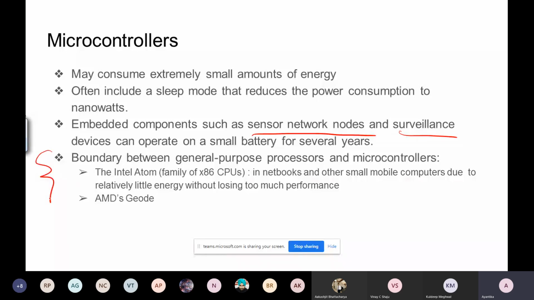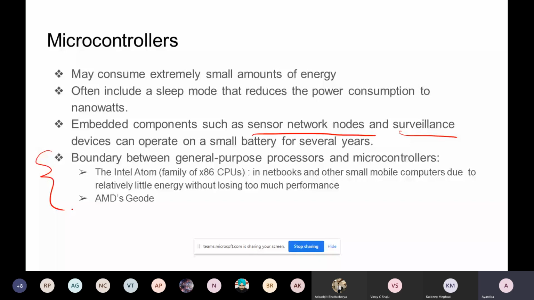One important piece of information is that some processors, which we generally think of as being for desktops, like the x86 family CPUs, are nowadays also used in netbooks and small mobile computers. They are members of the x86 family, and that way they are sufficiently equipped to work within a lesser amount of energy.